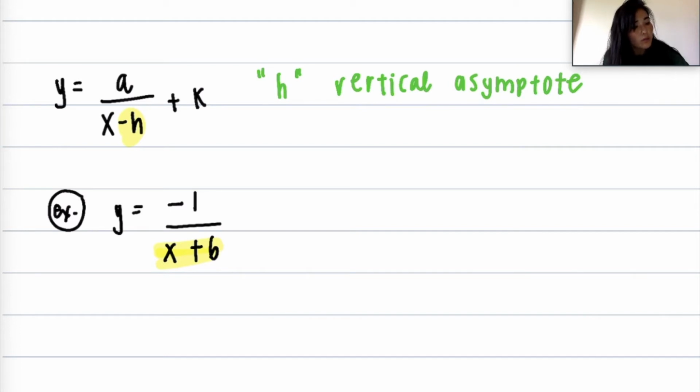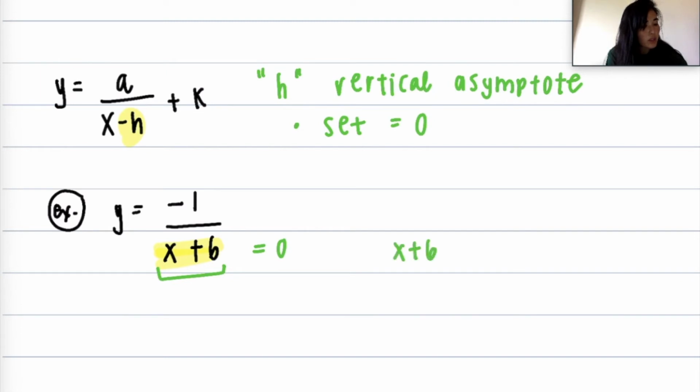How you are going to find this vertical asymptote is you are going to set this equal to 0. So for the vertical asymptote, you're going to set the denominator equal to 0. In this case, we would have x plus 6 is equal to 0, so x is equal to negative 6. And this right here is going to represent that vertical asymptote.